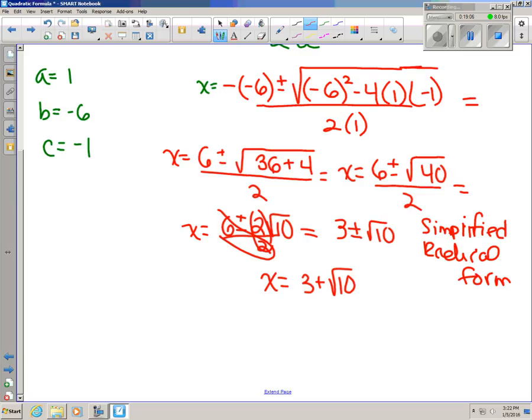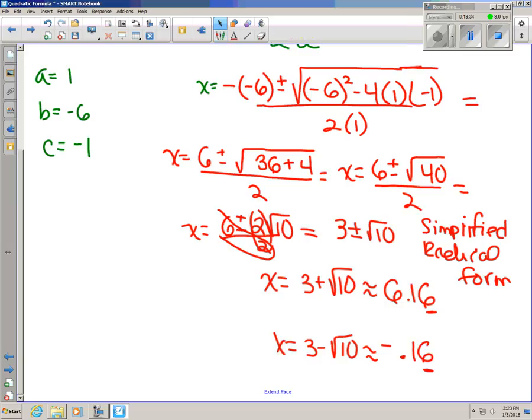And then you're also going to split it up to 3 minus radical 10. And you're going to put that in your calculator and get the approximate value. So 3 plus a radical 10 in the calculator approximately equals 6.16 rounded to the hundredths place. That's the spot right here. And 3 minus a radical 10 is approximately equal to a negative 0.16, and again to the hundredths place.